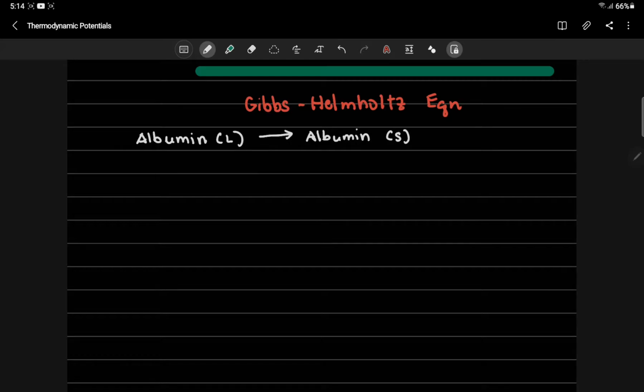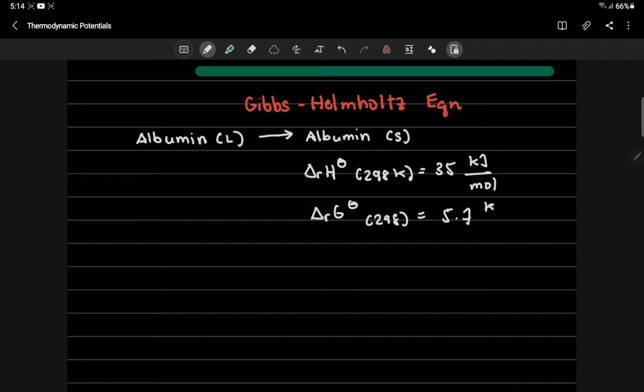Yung albumin in the liquid state will be converted to albumin in the solid state. Now, it is known na ang enthalpy of reaction for this transformation at 298 Kelvin is equal to 35 kilojoules per mole. And the reaction free energy at the same temperature is 5.7 kilojoules per mole.